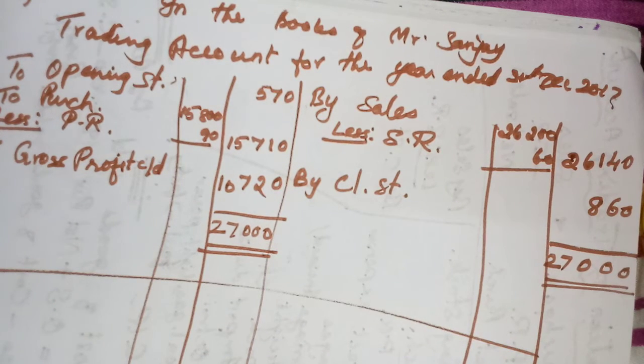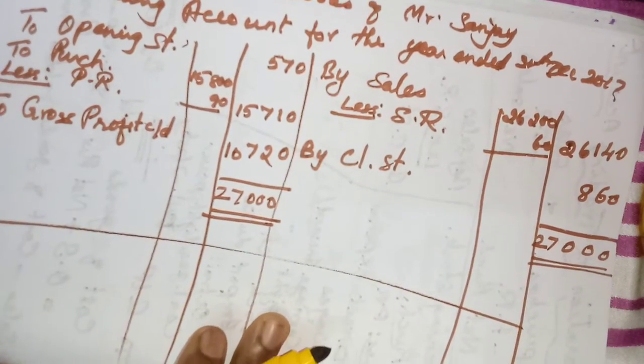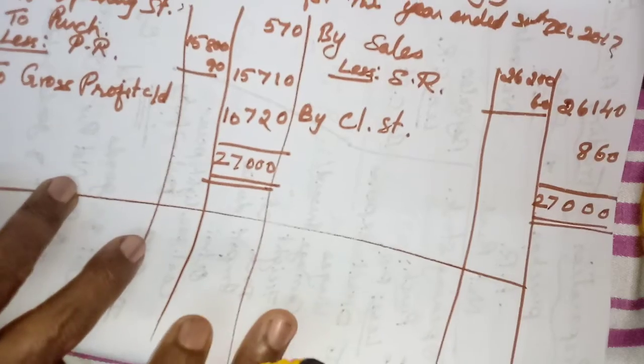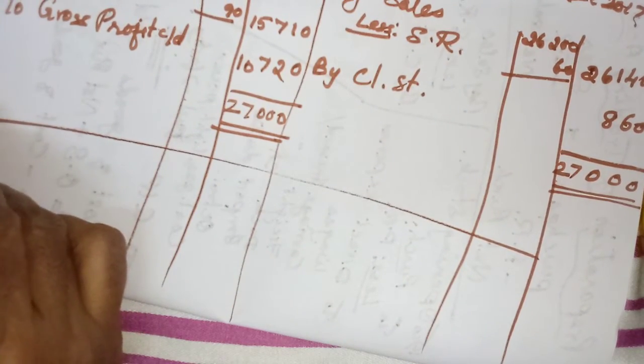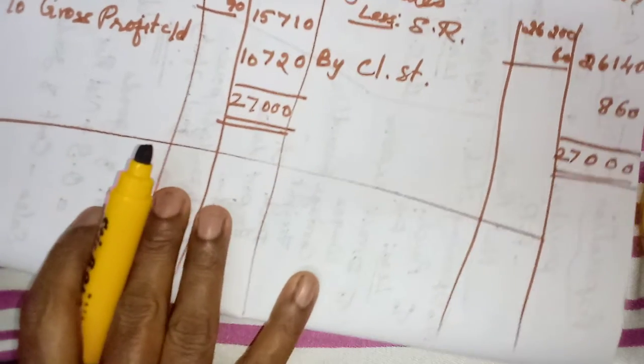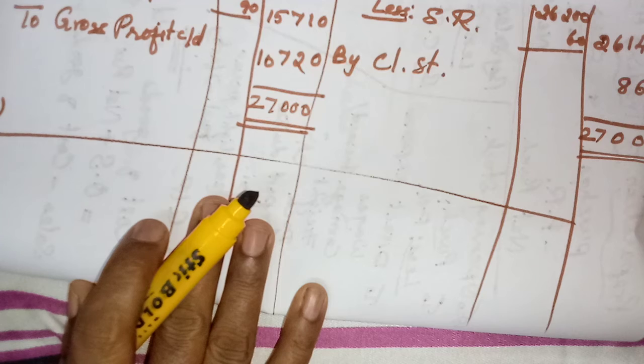Okay, trading account. Then second problem. Here you have to write the number first. Number 2.